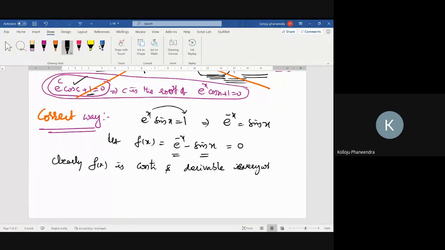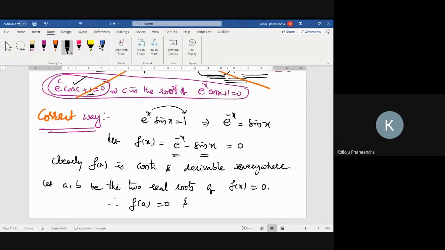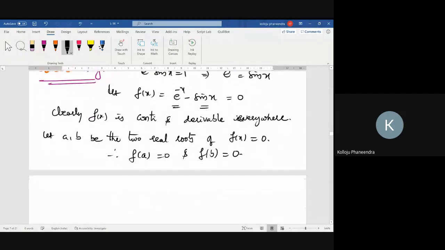First point is over. Now let a, b be the two real roots of f of x equal to 0. That means f of a equals 0 and f of b also equals 0, so the third condition is also satisfied.